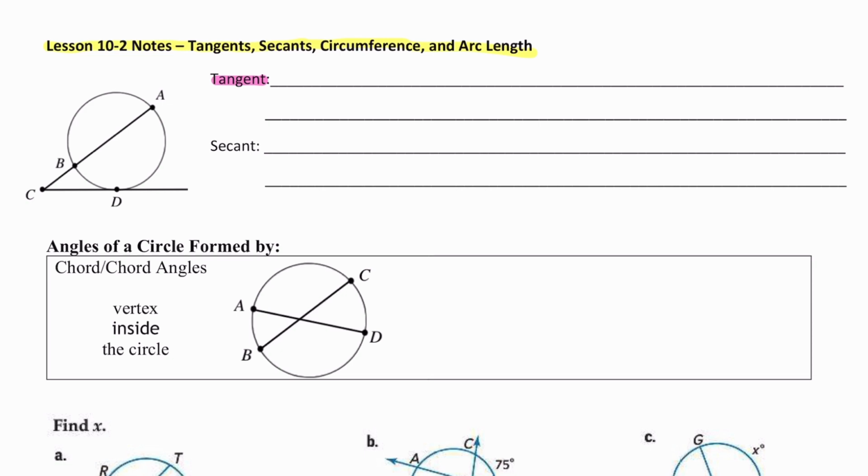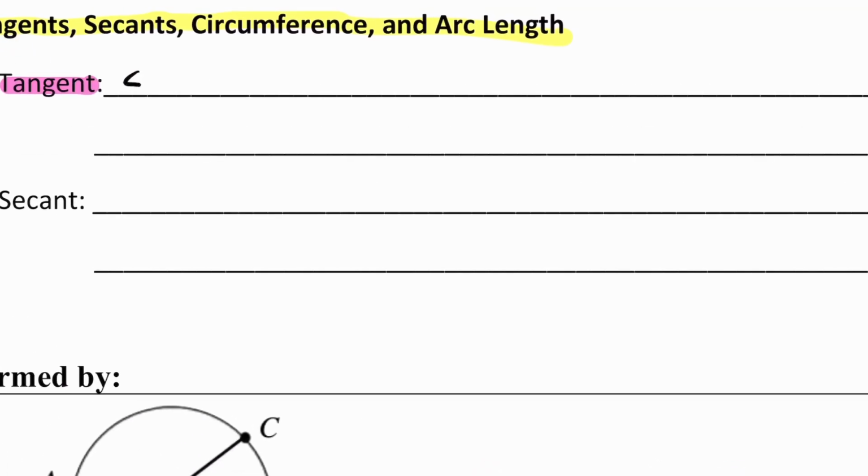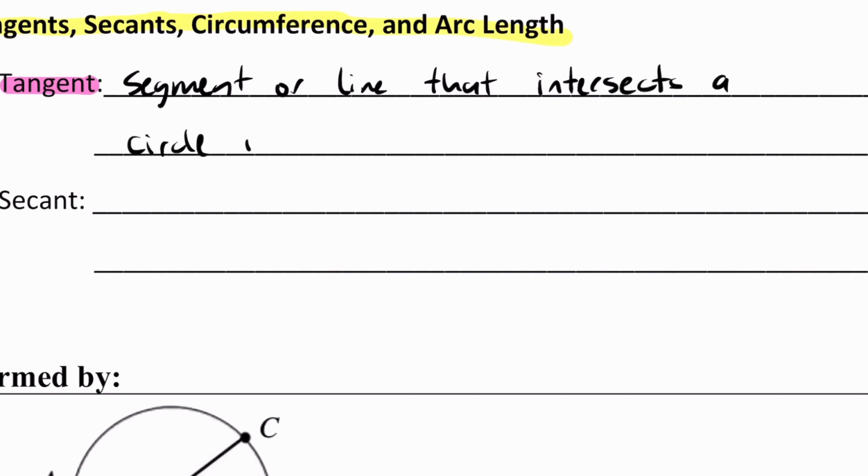A tangent is a segment or line that intersects a circle in exactly one point.